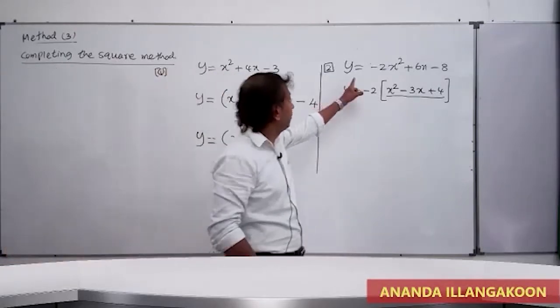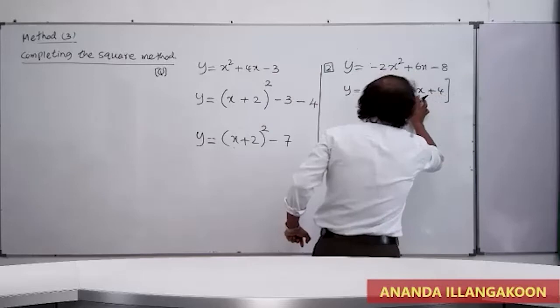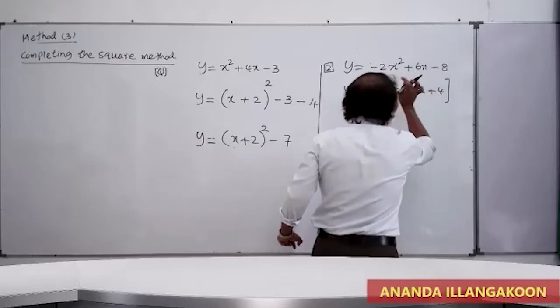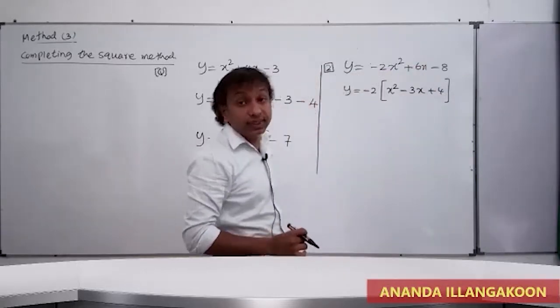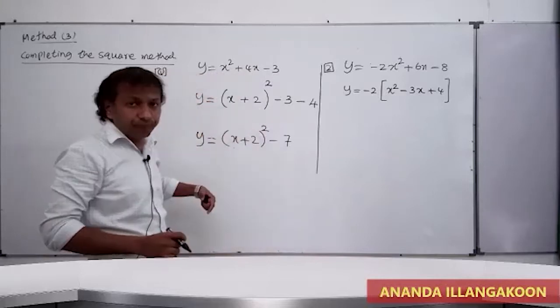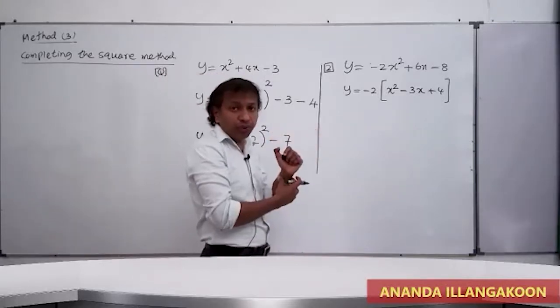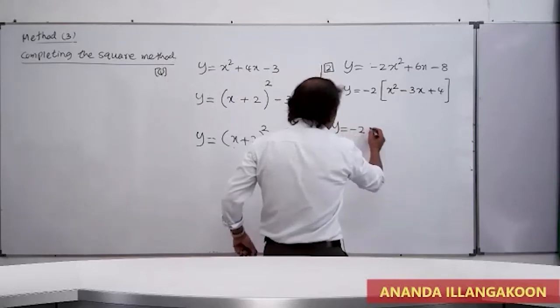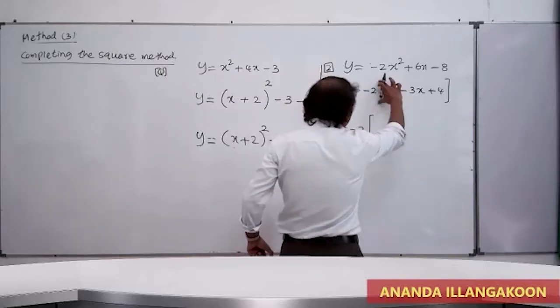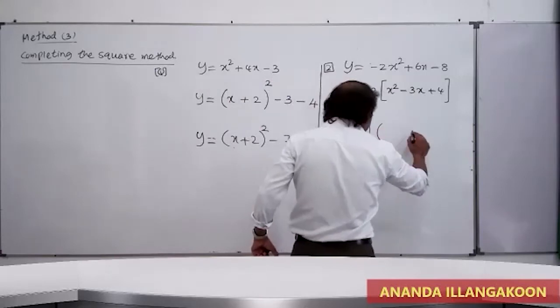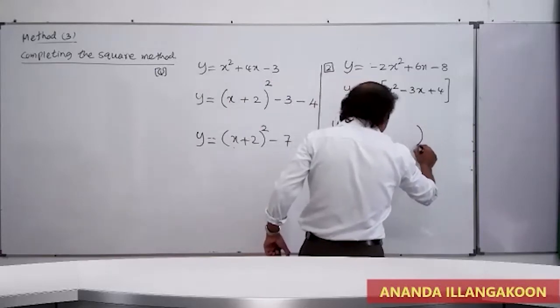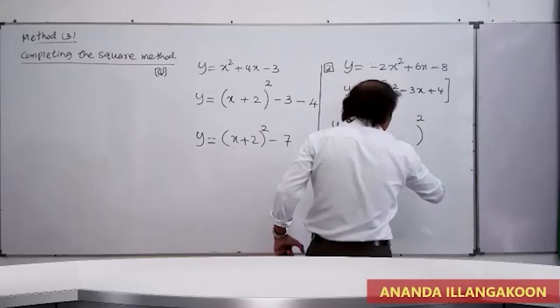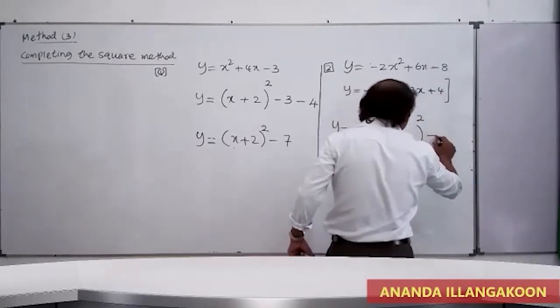Now for this one only, people, we apply the steps I explained here. Leave that minus 2 out of the bracket. Y equals minus 2. Open this square bracket. Now open within that a normal parenthesis like this, and then this plus 4.